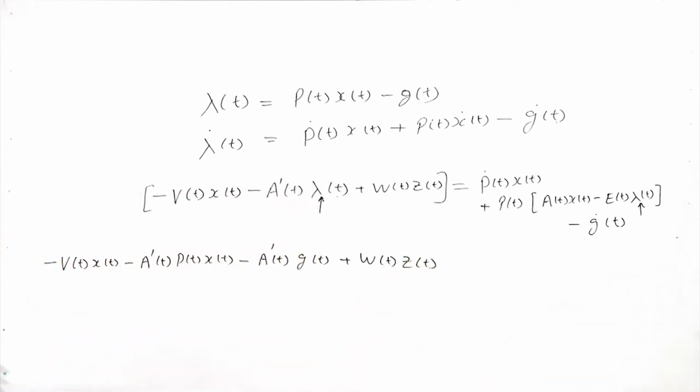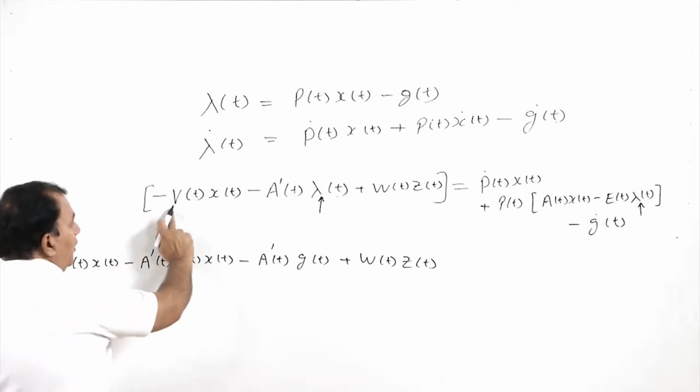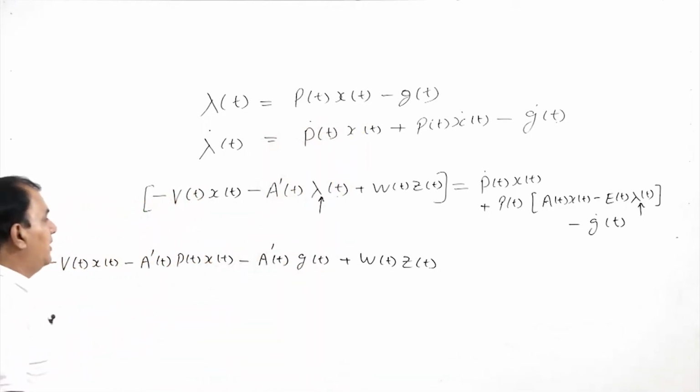So, this is my left hand side, p dot t. I will return to this later on. In this equation, this lambda t is replaced by p t x t minus g t.